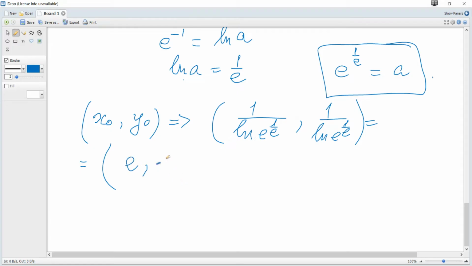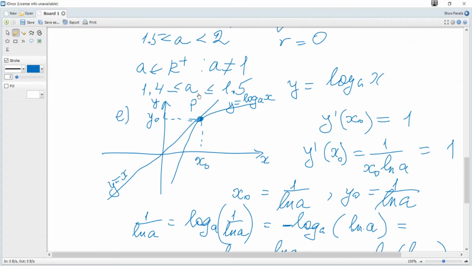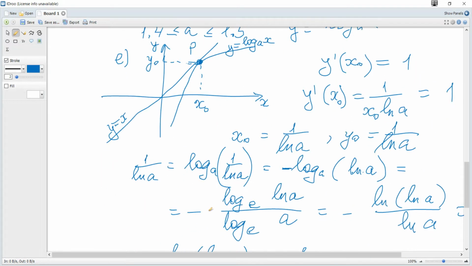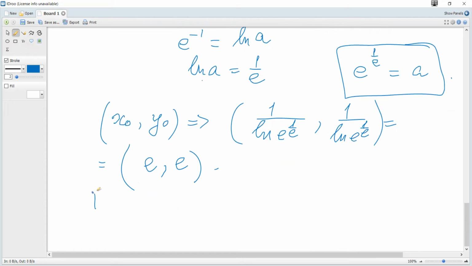So the required coordinates of point P are e and e. So P has coordinates e and e.